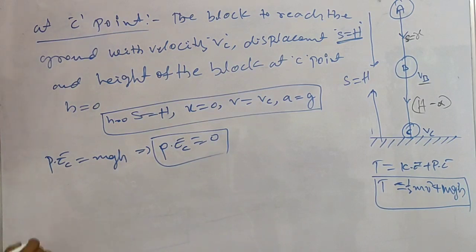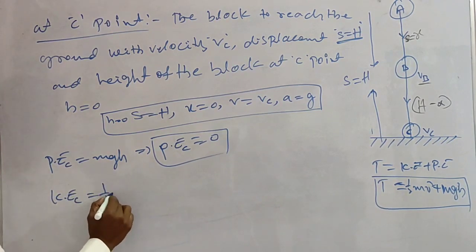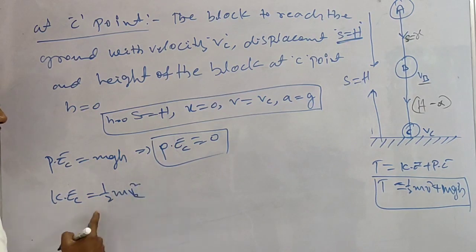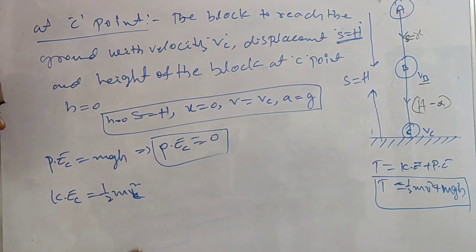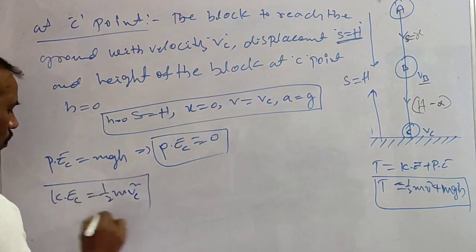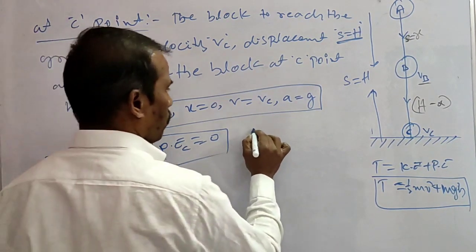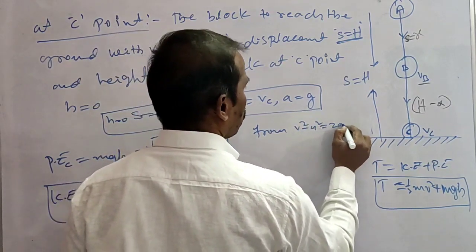Now the kinetic energy at C point is equal to 1/2 m vc square, where vc means the velocity of the block at C point. From the third equation of motion, v square minus u square is equal to 2as.